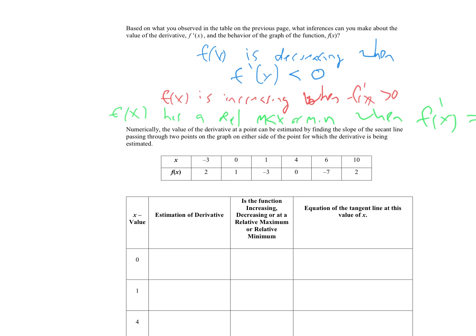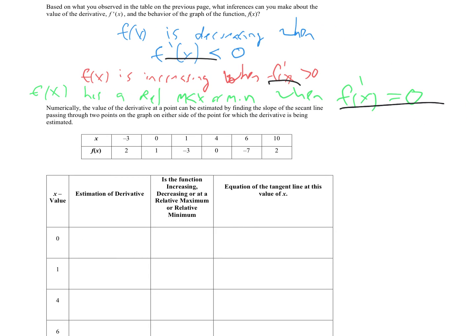These things here are worth so much justification. They're never going to just say what is happening at x is 2; they're going to say, justify your reasoning. These are your 3 justifications that work all the time. Just describe what's happening to the derivative.